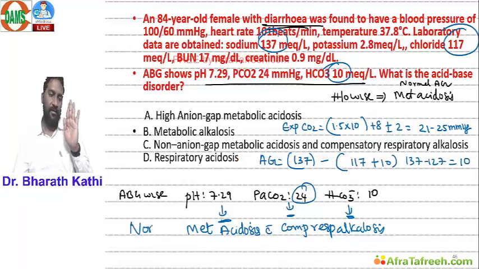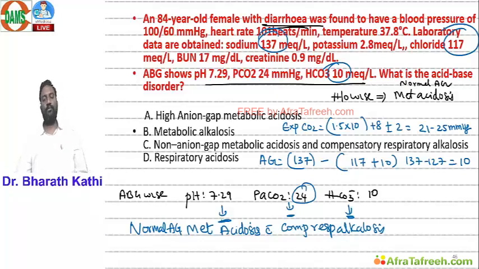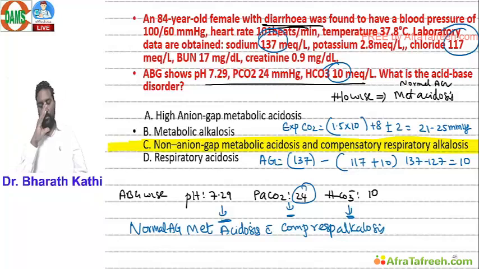It is normal anion gap metabolic acidosis with compensatory respiratory alkalosis. This is your final impression. So the answer, non-anion gap, means it is not high anion gap, it is normal anion gap metabolic acidosis and compensatory respiratory alkalosis. This is how you should approach ABG.